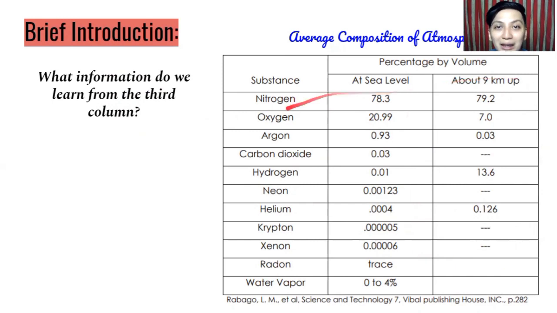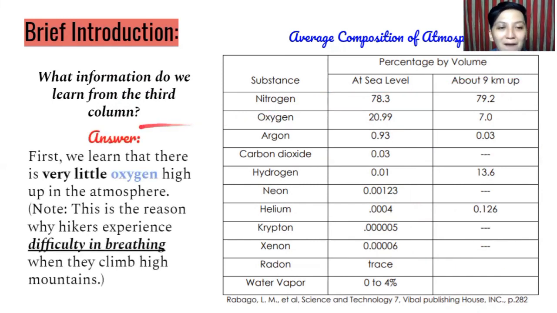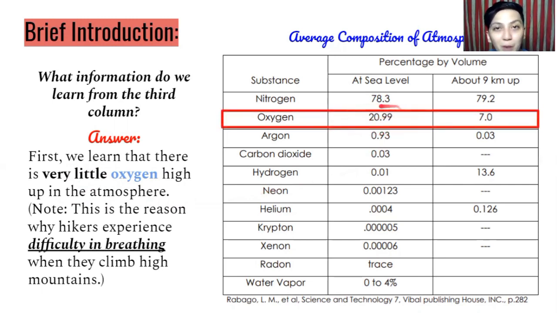Okay, we can learn that first, we learn that there is very little oxygen high up in the atmosphere. So we have here from 20.99 at sea level, then it went down to 7.0. What is the reason behind?